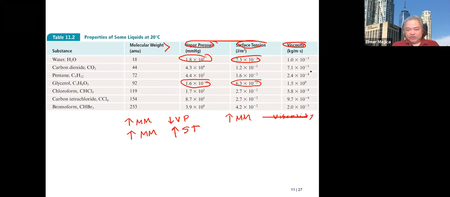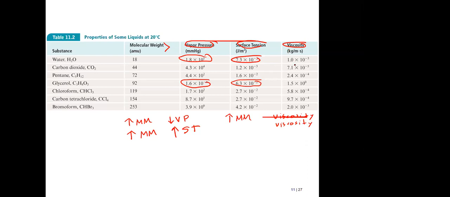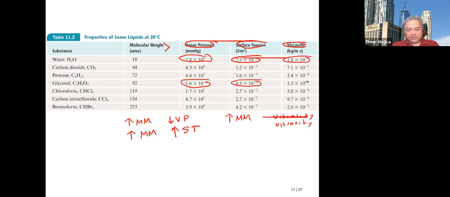Again, what is the anomaly? The anomaly is this one and this one. If you're going to remove that, as the molar mass increases, it decreases the vapor pressure and increases the surface tension and viscosity. The only exception is water and glycerol.